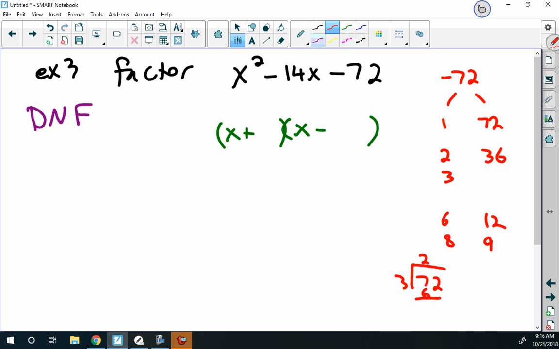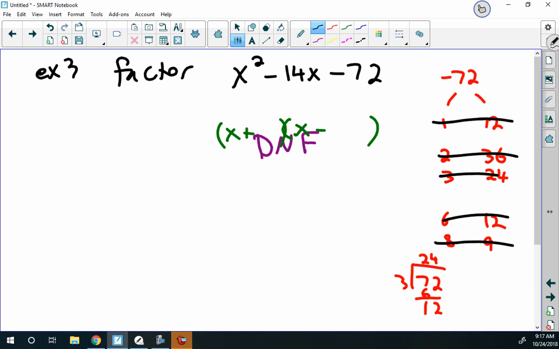That's 3 and 24. 24 minus 3 is going to be 21. That's not going to work either. So this doesn't work, this doesn't work, this doesn't work. So maybe it doesn't factor. Maybe we can put that stamp on it.